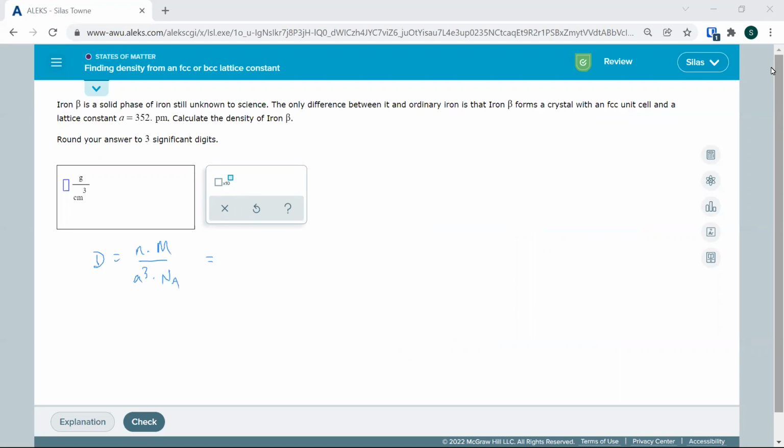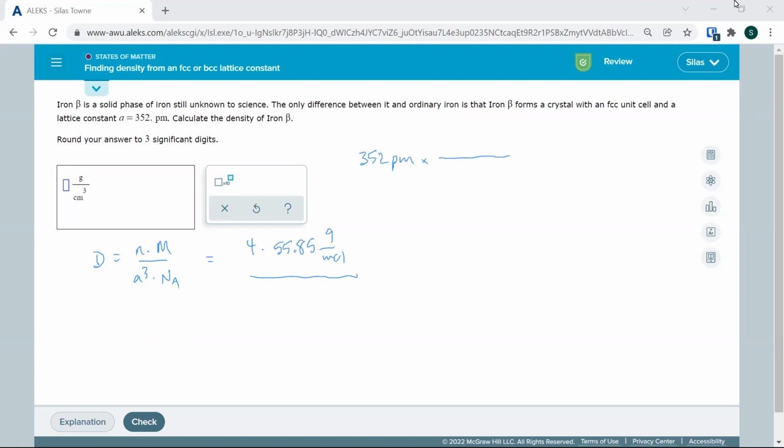Okay, so we saw N equals 4. We're going to do the molar mass of iron, which is 55.85 grams per mole. Then I need A. Now that's going to take some conversion. So I have 352 picometers.